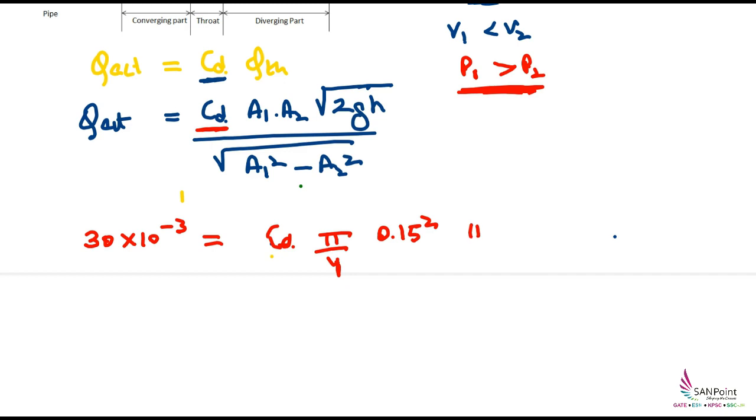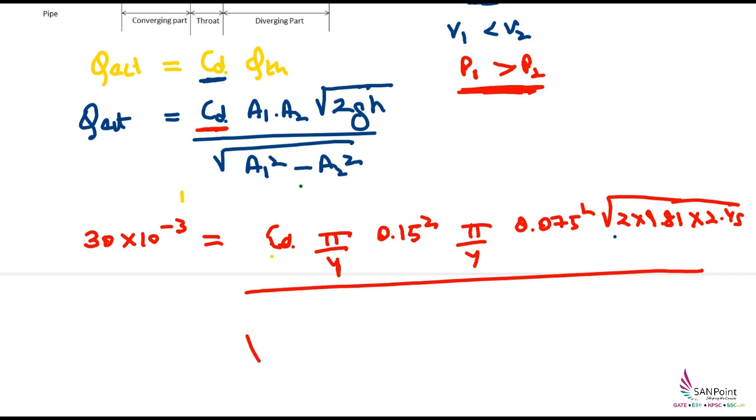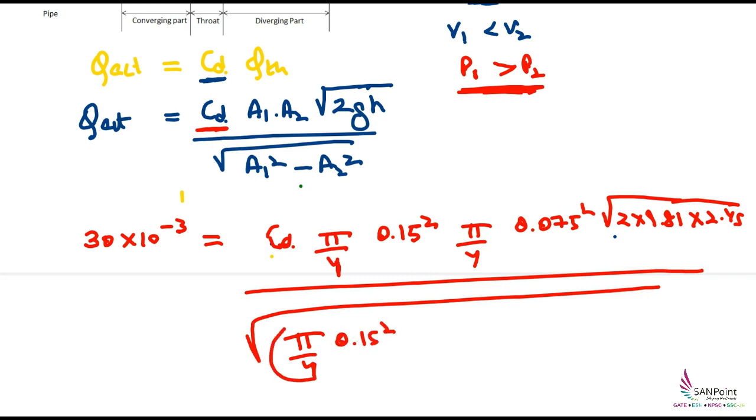A2 is pi by 4 into 0.075 square, under root of 2 into 9.81 multiply by h, which is 2.45 in this particular question, whole divided by under root of pi by 4 into D1 square. So D1 was 0.15 square, so we have to consider the square of this value, minus pi by 4 into A2.